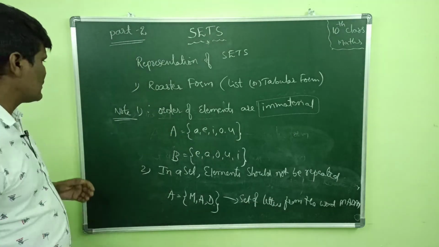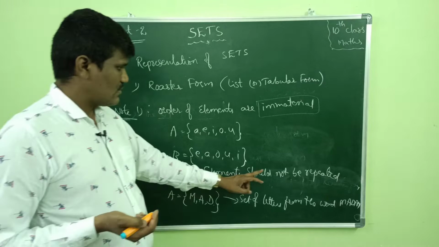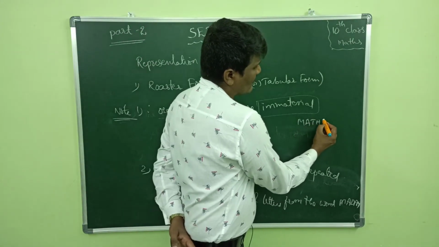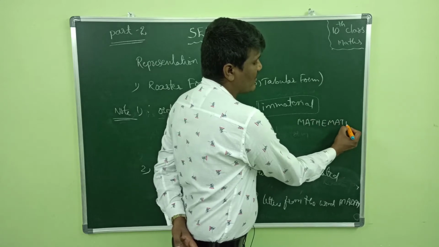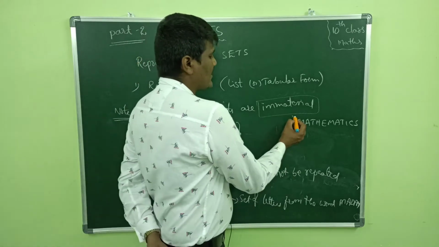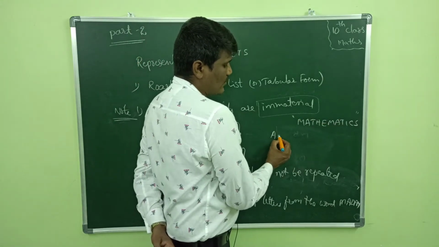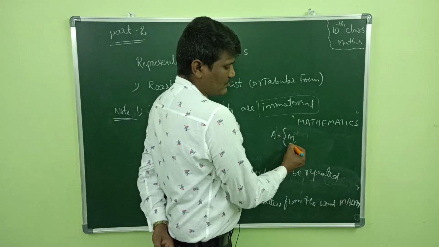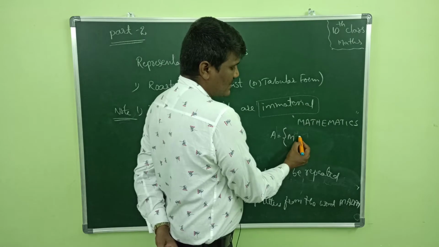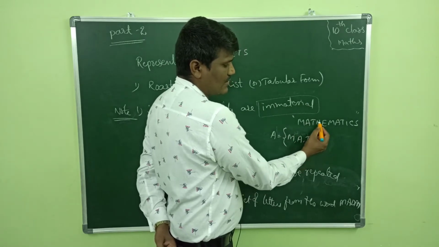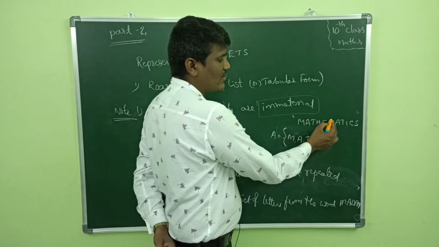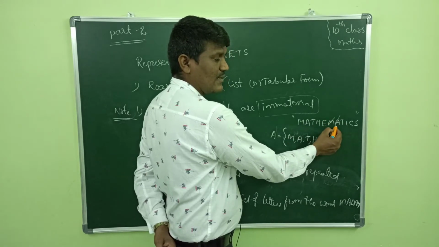Suppose I am having one more example. Take mathematics. Write a set of elements in the roster form from mathematics. So how to write it? A is equal to, first I'll write M. Irrespective of order, I'll take first M, then A, then T, then H, then E. M already is there, so need not write M. A is also there, need not write.